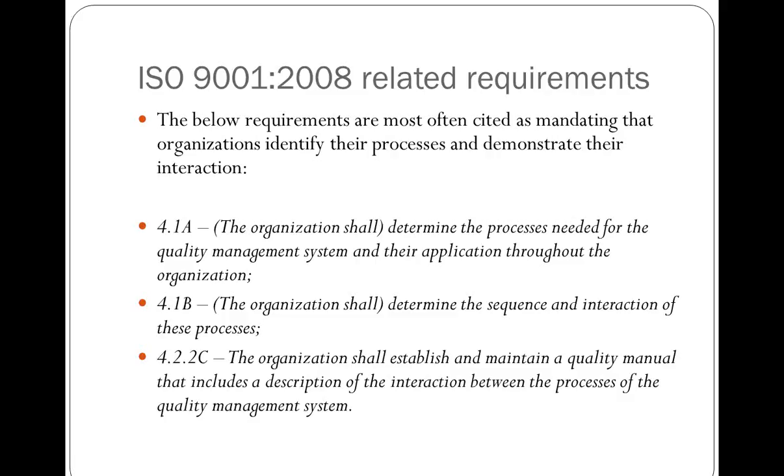And furthermore, in subclause b, you have to determine the sequence and interaction of those processes. 4.2.2c takes it a step further and says that you have to have a quality manual, and that quality manual has to include a description of the interaction between the processes of the quality management system.